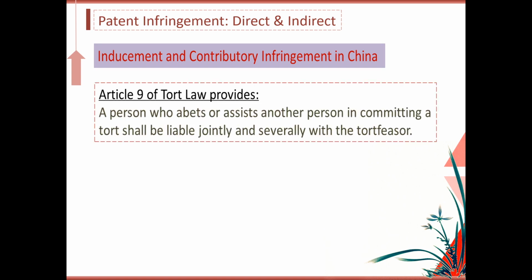Article 9 of the tort law of China provides that a person who abets or assists another person in committing a tort shall be held liable jointly and severally with the tortfeasor.